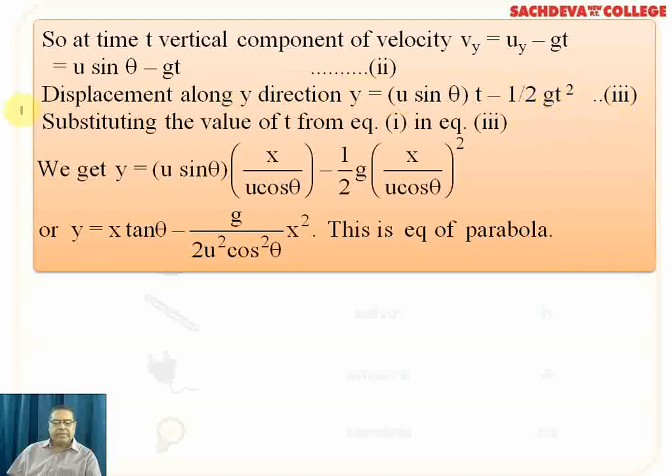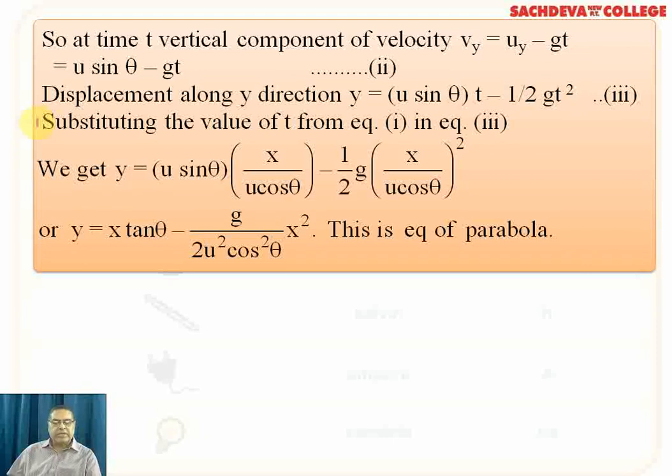The point is that this equation we have taken in reference to the general equation of motion, that is, displacement is ut plus half gt square. But the body is going up, so we have taken a minus sign, and instead of taking u, we have taken the component, that is u sin theta.